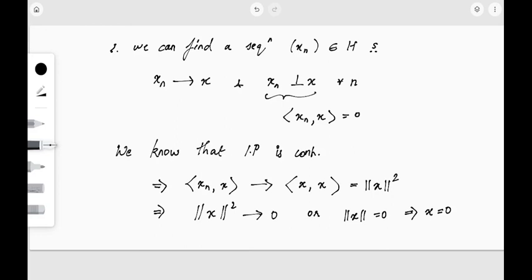So the proof was very simple. We just had to consider the definition of the complete system. So just go through the proof of this lemma once again, and I hope you will be clear with it.